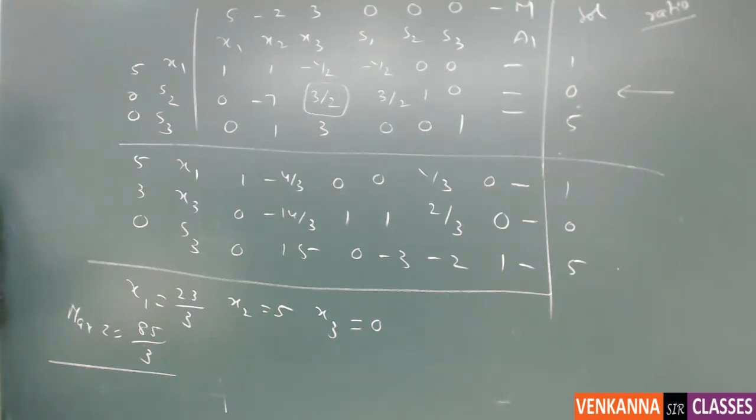So I think that this clarifies the thing over how to do the problem as and when a degenerate situation is there, a tie happens between the minimum ratio. Clear? So can I start the other one, the dual simplex method?